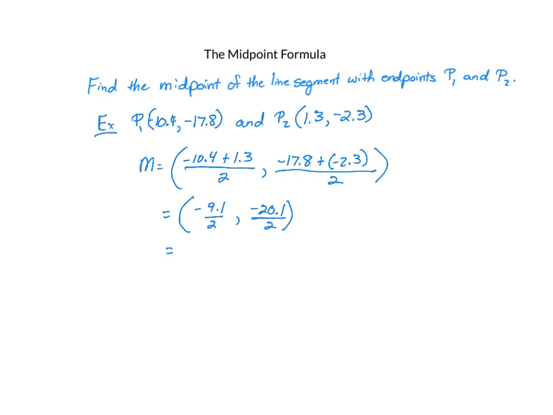So finishing, we'll have negative 4.55 and negative 10.05. And we have found the midpoint. So the beauty of the midpoint formula is it doesn't matter what the endpoints of the line segment look like, we can always find that midpoint.